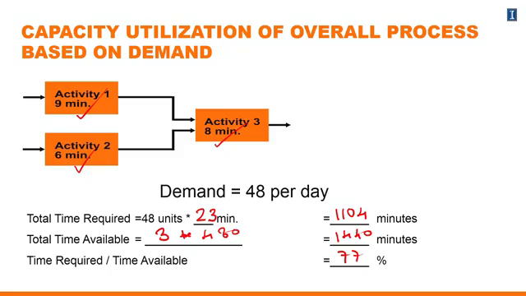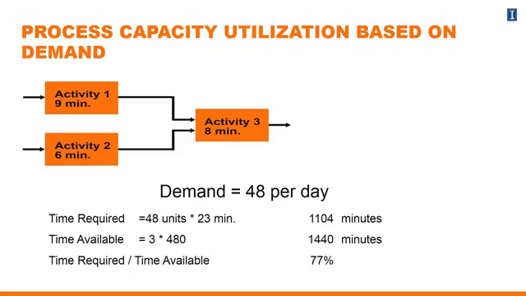This is more useful from the point of view of looking at how you are utilizing the resources that you have. You have 3 people who are working 8 hours a day. The average utilization of those people is 77%. So here are the calculations that you just saw about the average capacity utilization.